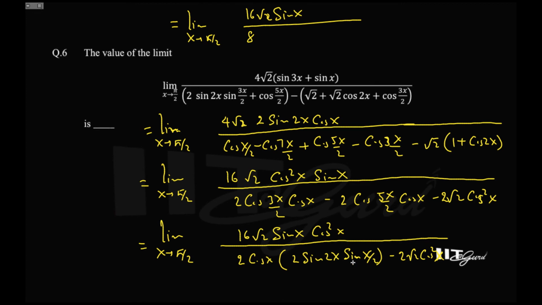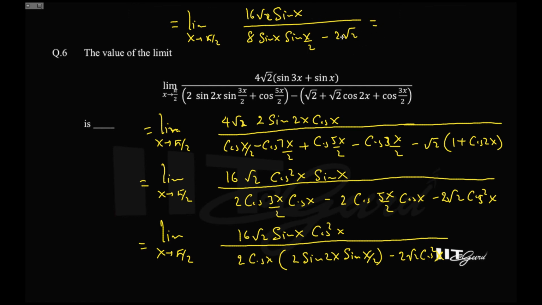For this you can write 2 sin x cos x, so 4 to 8, 8 sin x, and then sin x by 2 minus 2 root 2 will be left over here, because 2 cos square x you can take out common, so cos square x will be cancelled.